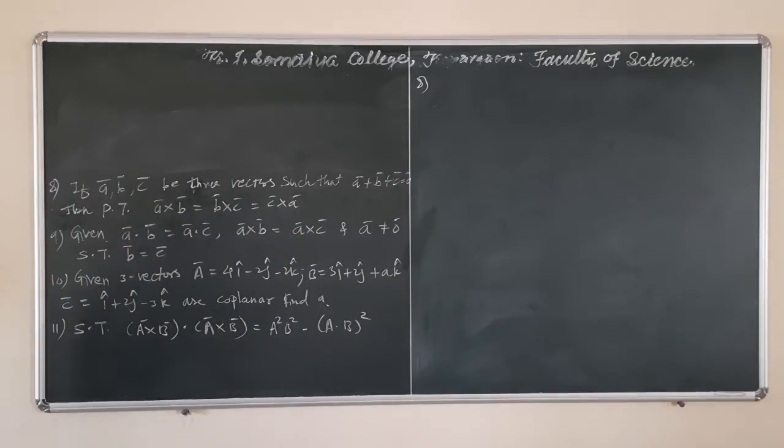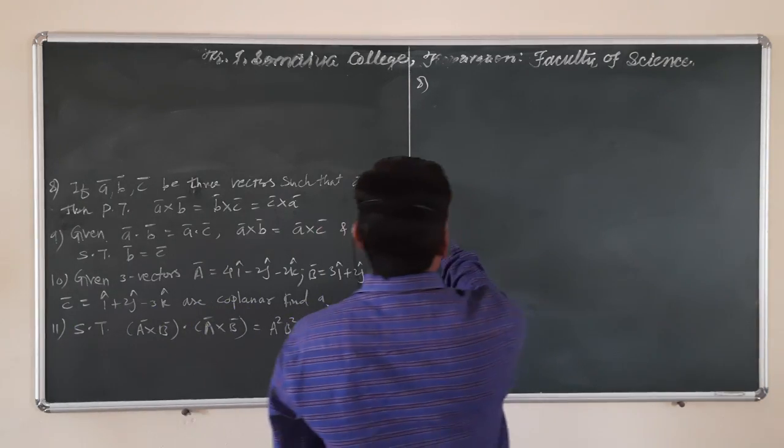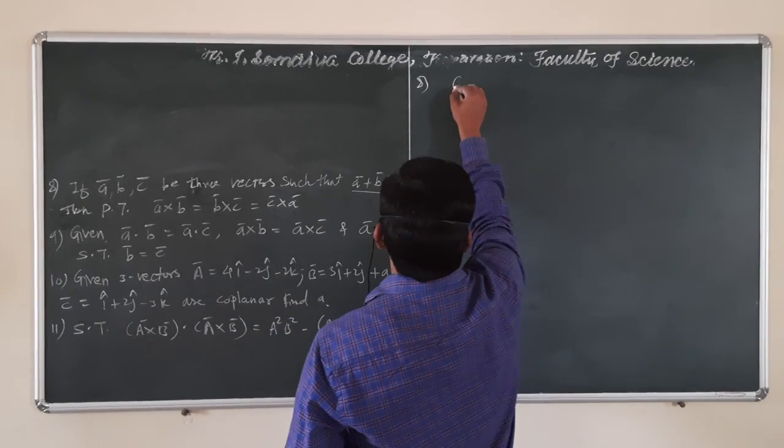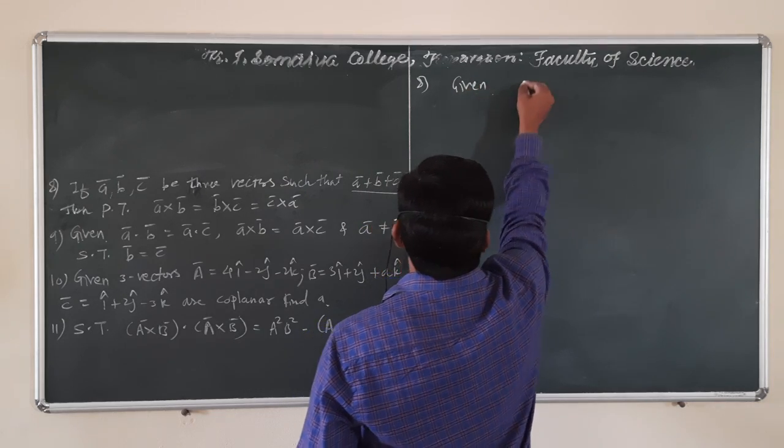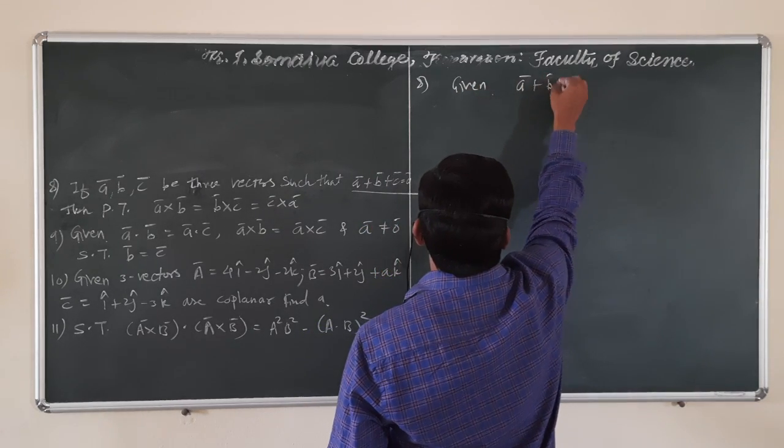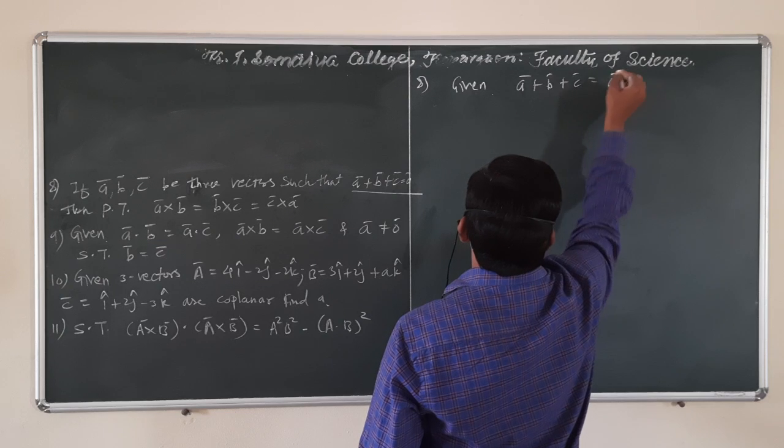So first of all, vector A, vector B, vector C are 3 vectors and it is given that vector A plus vector B plus vector C is equal to 0.